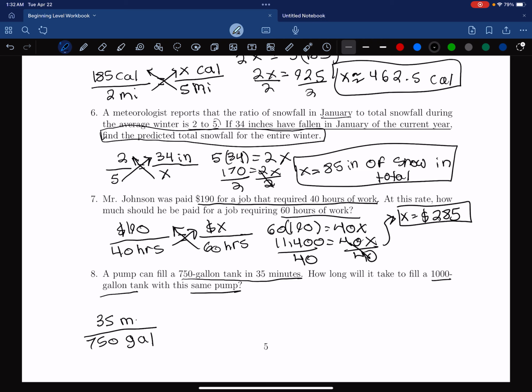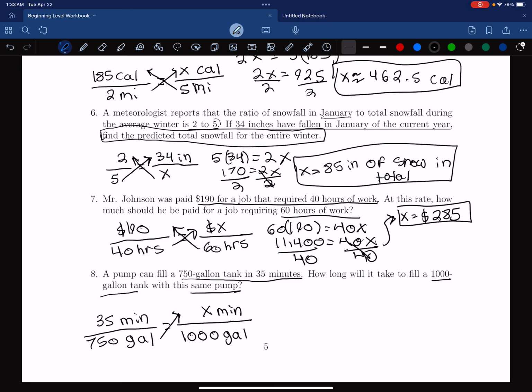In other words, in 35 minutes we have filled up a 750-gallon tank. At the same rate, we want to know how many minutes it will take to fill up a 1,000-gallon tank.